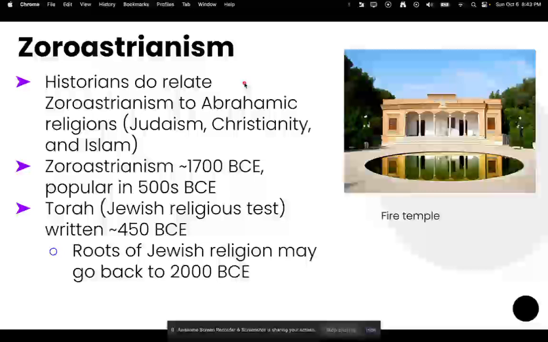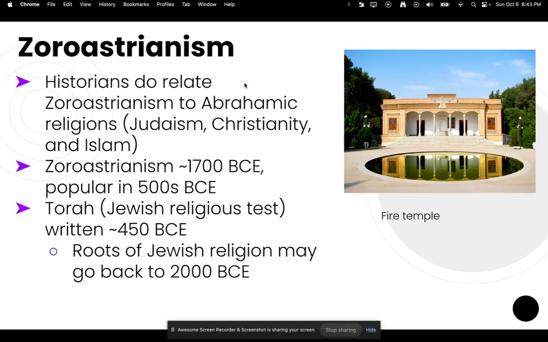So, if you're wondering, hey, wait, I feel like I've seen these characteristics before, yeah, that's right. Historians do actually relate Zoroastrianism to Abrahamic religions such as Judaism, Christianity, and Islam. So you have to remember Zoroastrianism is super old. Like I said before, it was made about 1700 BCE, and it became super popular in about the 500s BCE.